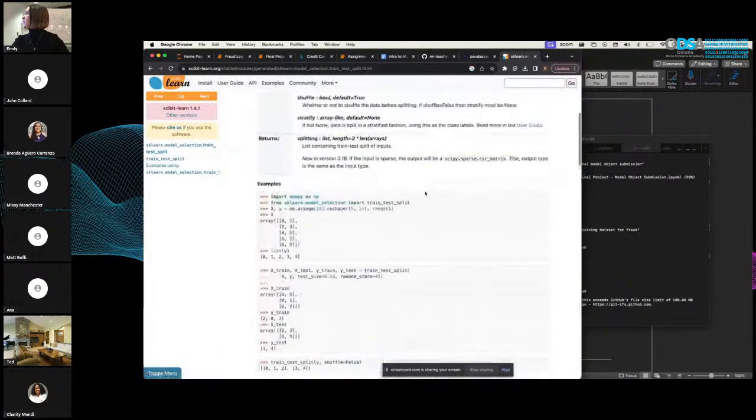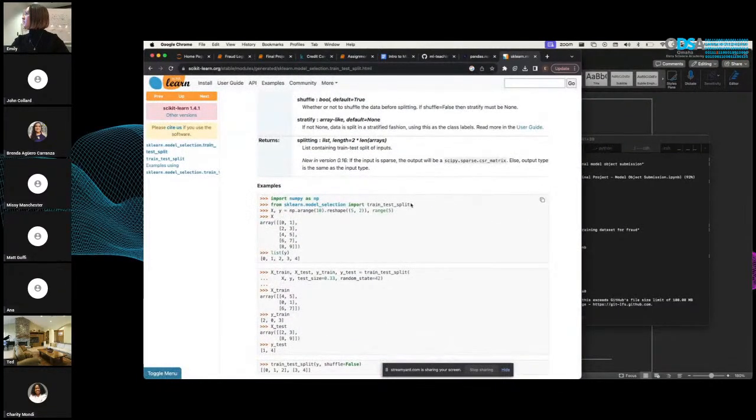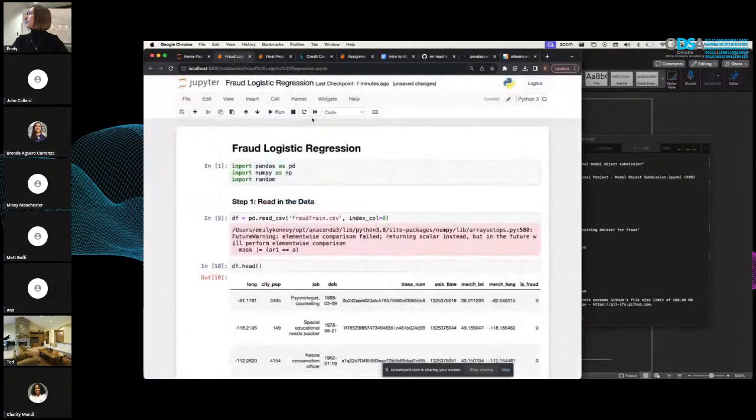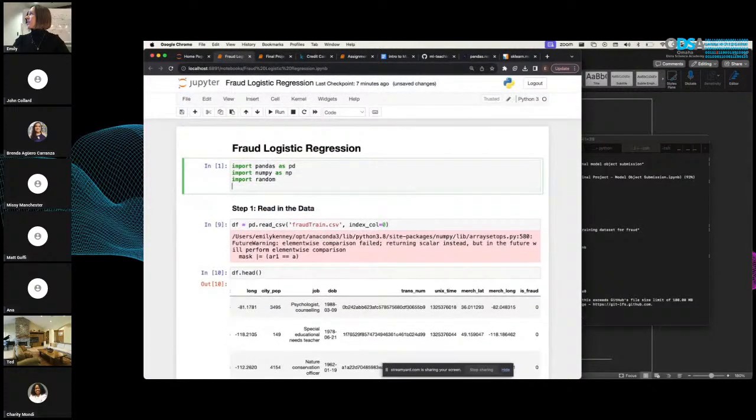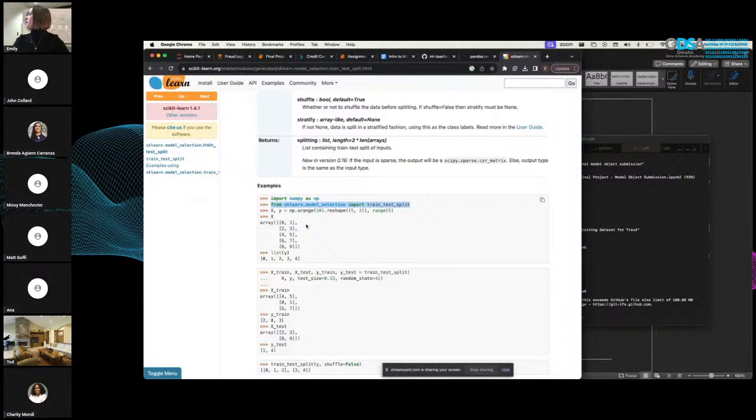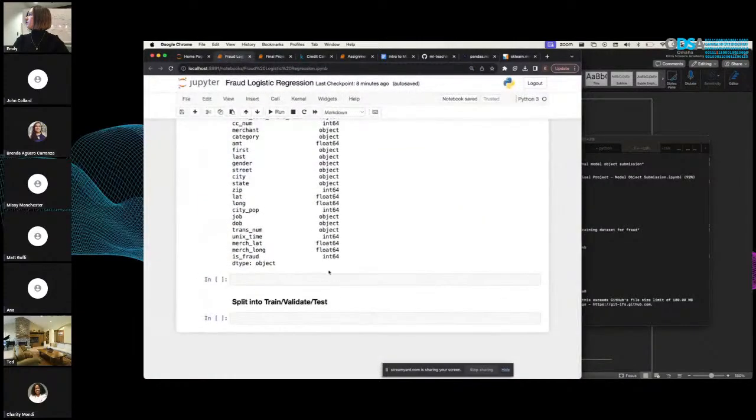You scroll down here. Here it is. Grab this import function. Pop back over to our fraud notebook. Put that at the top. I like to put all mine at the top of the file. Put it wherever you want. And let's apply train_test_split. Let's copy this code. Good deal.